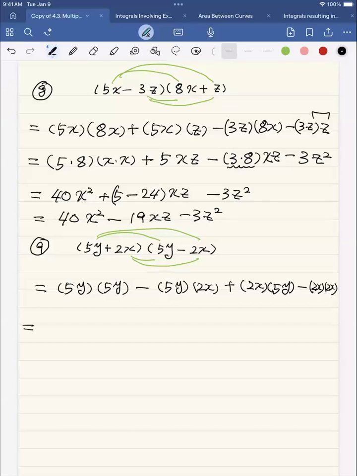So let's multiply the numbers together, then 25y squared. These two are the same with the flipped position, but essentially the same with the different sign. So those will cancel each other. And then minus 2 times 2 is 4. x times x is x squared.